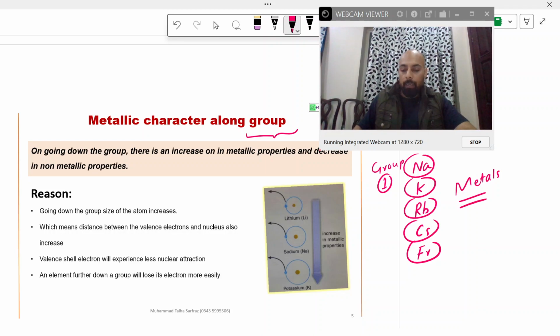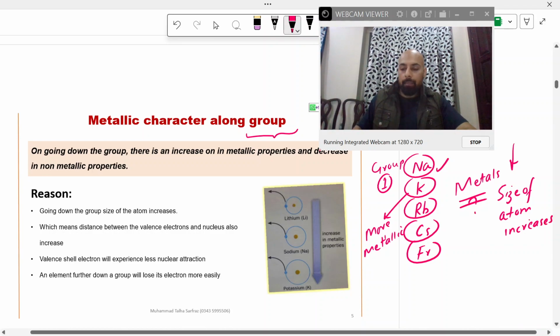But what if I tell you that potassium is more metallic than sodium? Why have I said this? Why is potassium more metallic than sodium? As you go down the group, there is an increase in the size of the atom.